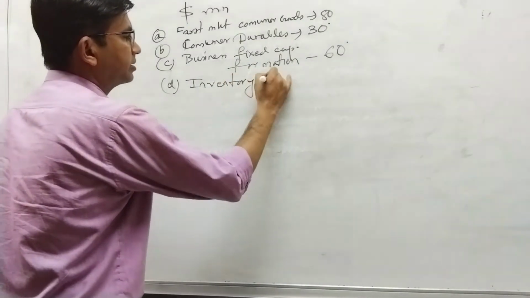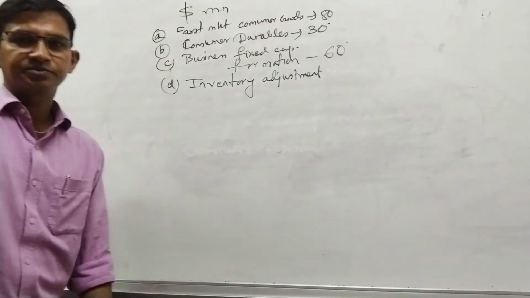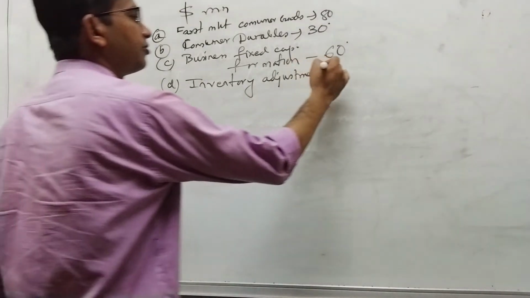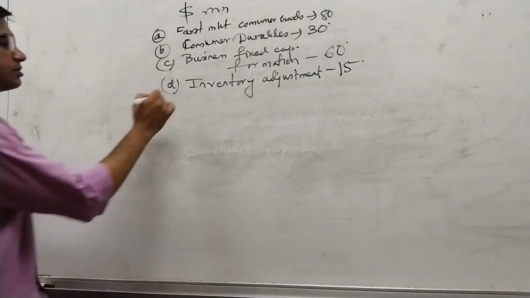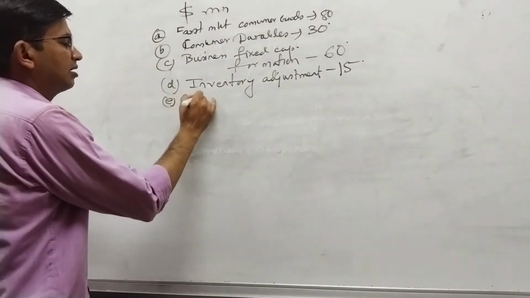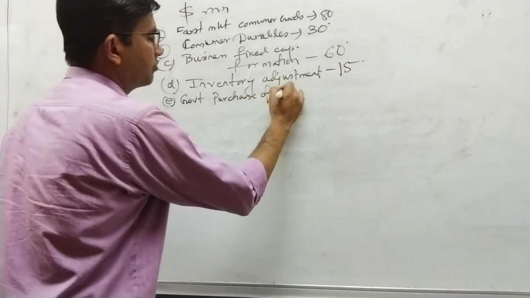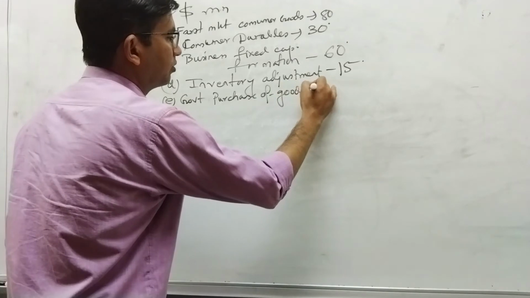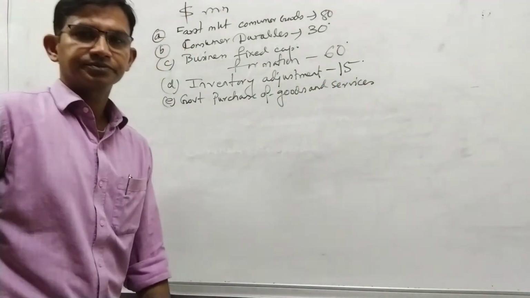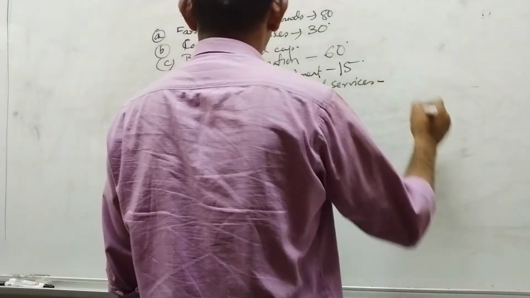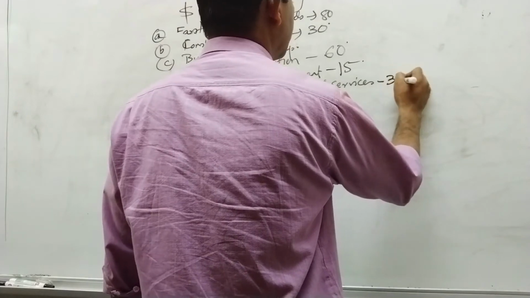Inventory adjustment, $15 million. Government purchase of goods and services, $35 million.